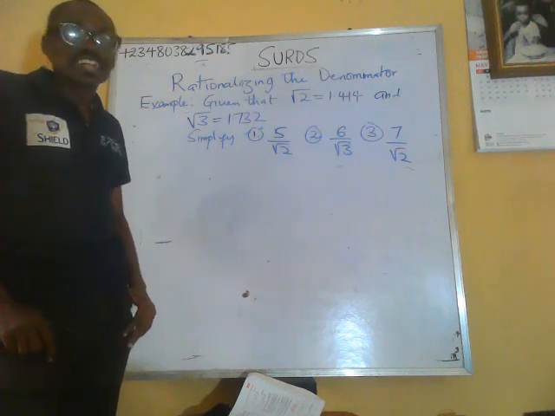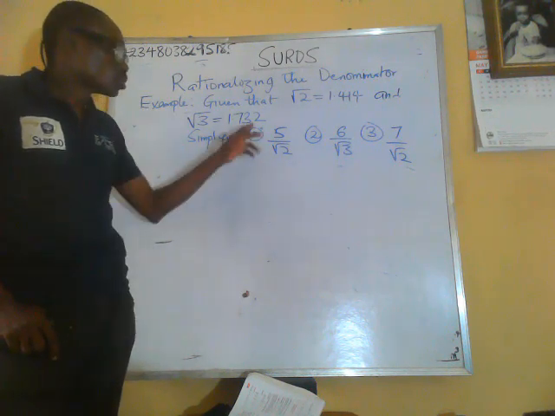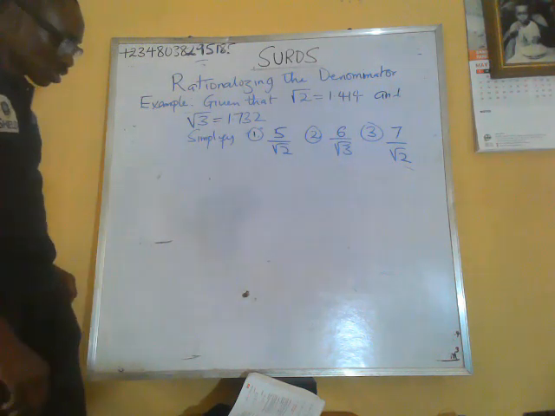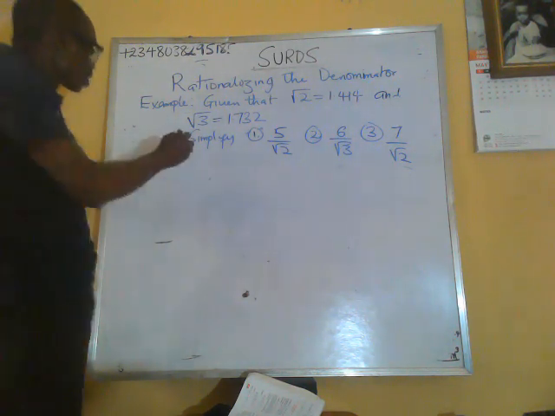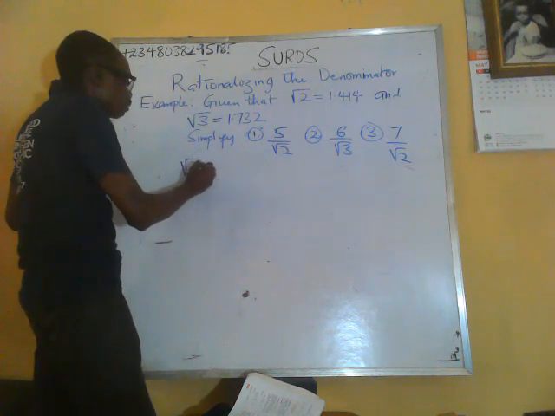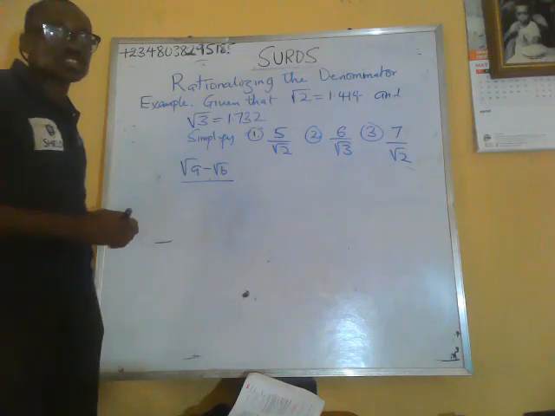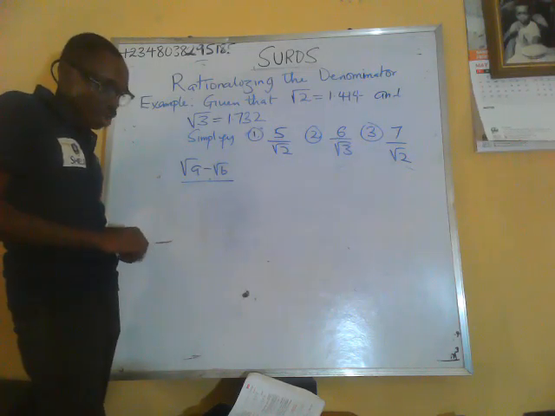How about when you have expressions such as root a minus root b in the denominator? How are you going to rationalize?